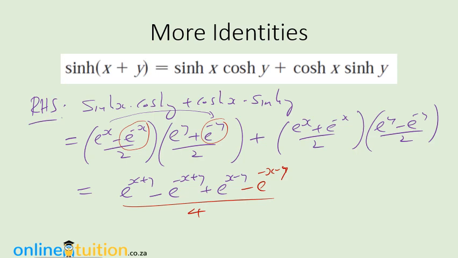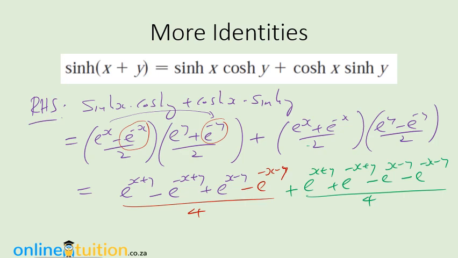Now, if you look at this very carefully, let's look at the other one. That's going to be plus e to the x plus y, and I'm just going to do it very slowly, stuff that we learned in school. e to the x, be careful, there's a minus sign there. e to the x times that will be e to the x minus y, and then finally there's another minus sign: e to the minus x minus y, 2 times 2 is 4.